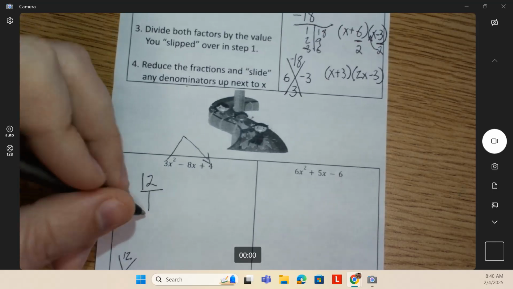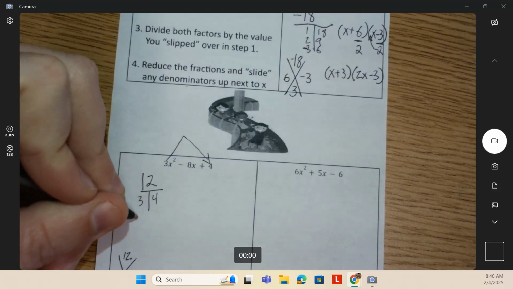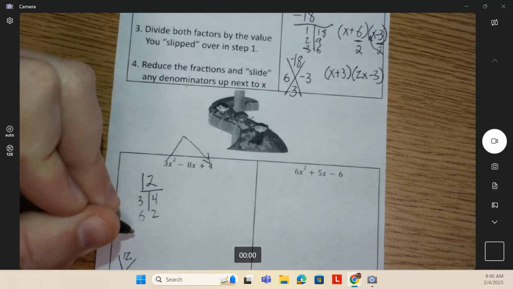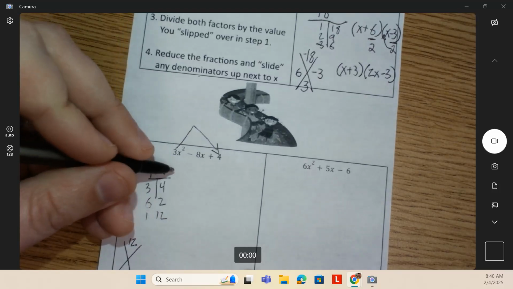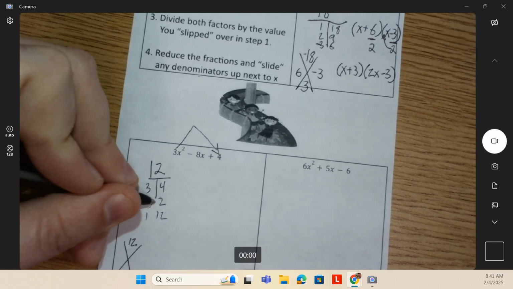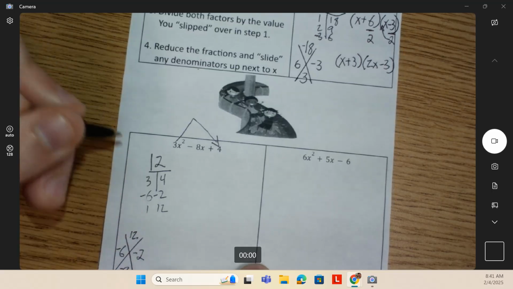So I've got 3 and 4, 6 and 2, 1 and 12. And they're both going to have to be negative. So if I do a negative 6 and a negative 2, then that'll work for me.